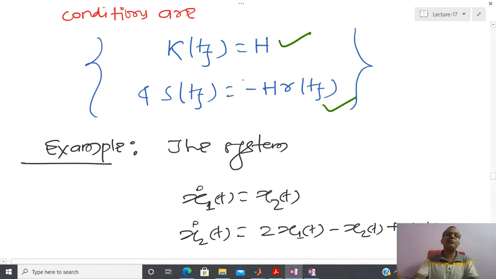So the final aim is just to solve for P star, because you know that the optimal control is minus R inverse(t), which is coming from the performance measure, B transpose(t), which is coming from the system as the input matrix, and after that P star(t) I have to find. So P star(t) you can find either by the state transition matrix, by solving the time varying differential equation, or you can apply the Riccati equation approach. So both approaches are equally good.